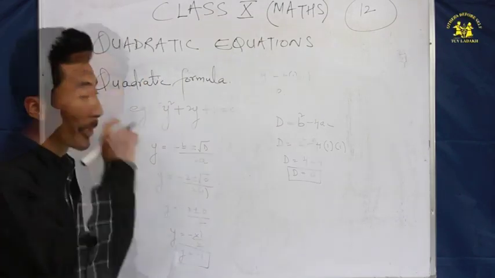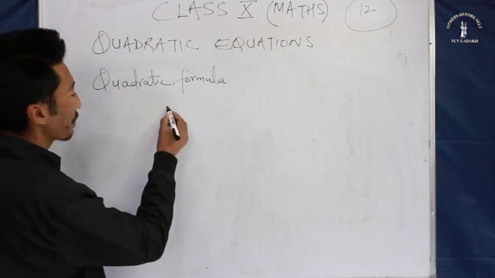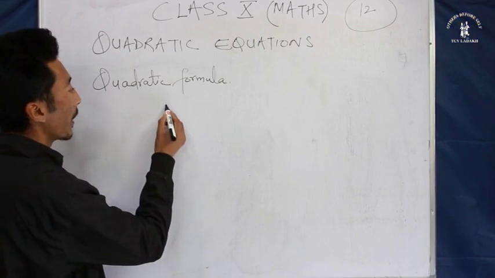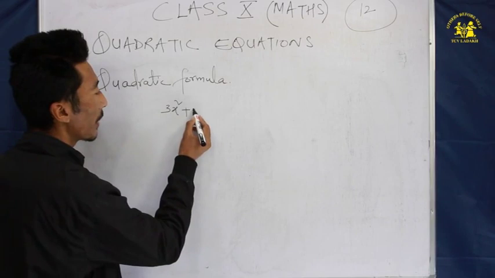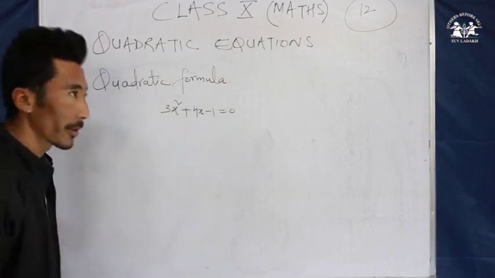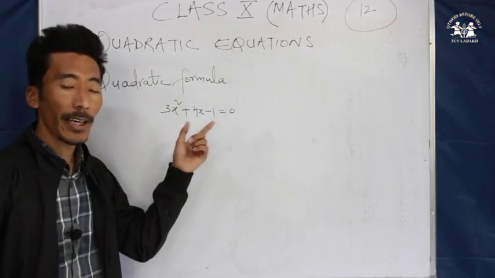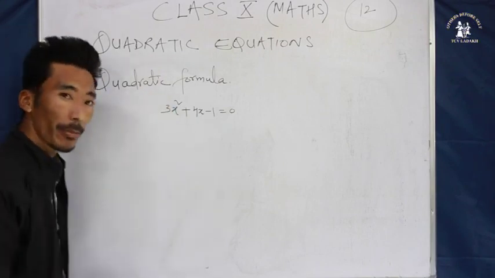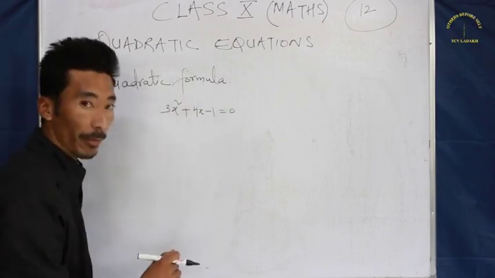Okay, let's say we have an equation that is positive root, a positive equation. Let's say we have 3x squared plus 4x minus 1 equals 0. So D positive is confirmed: 4 squared is 16, and 4ac is negative, so it becomes plus.